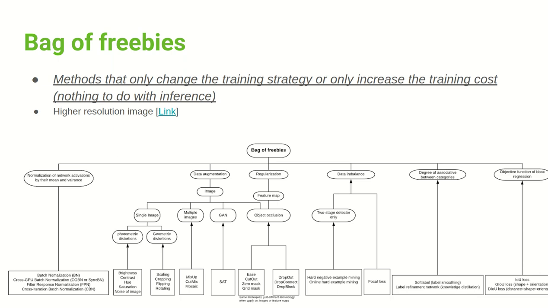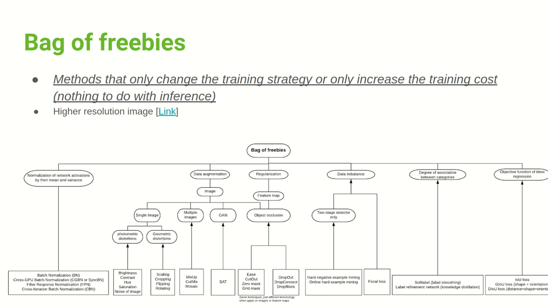The round shapes are just different categories, and the rectangle boxes are the concrete techniques that belong to those categories. So if we think about methods that only change the training strategy but have nothing to do with inference, the thing we commonly use is data augmentation.